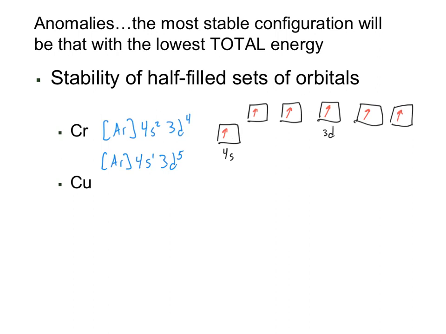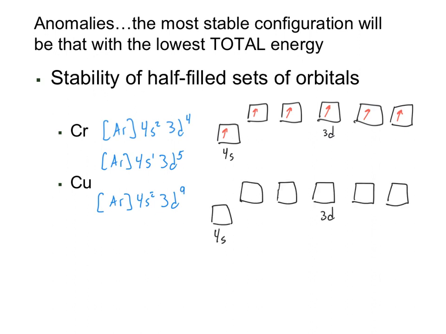Similarly for copper, our configuration we would expect to be argon 4s2, 3d9. And so we would expect those electrons to fill in something like this.